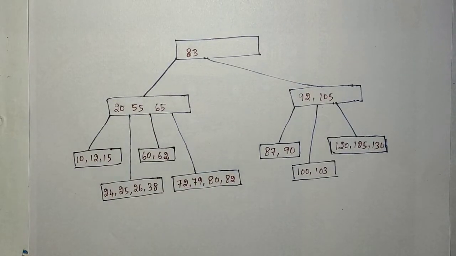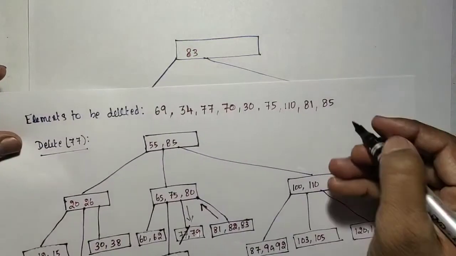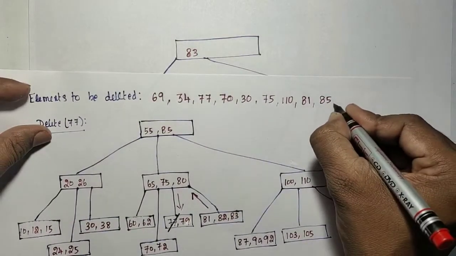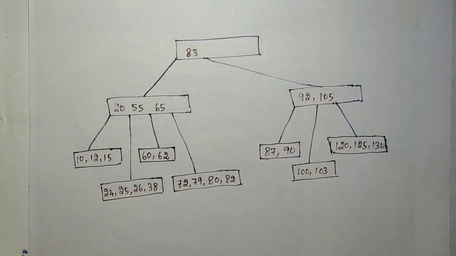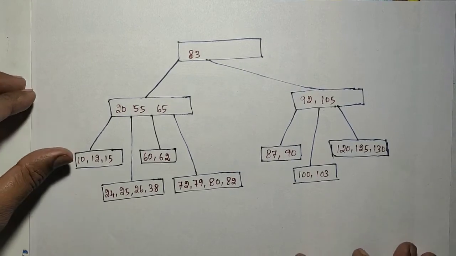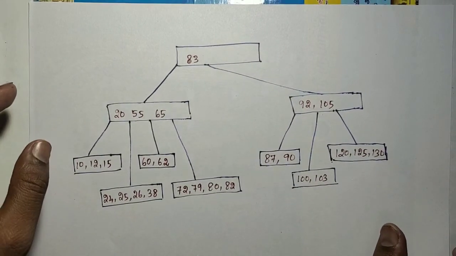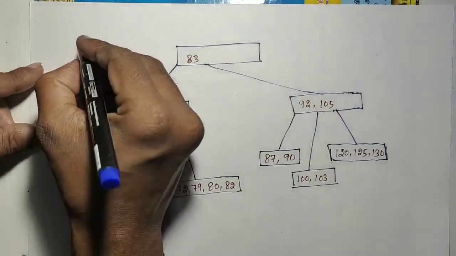Now next we will delete one more element, 90 or 92, both will give the same result. So now I'm going to delete 90.